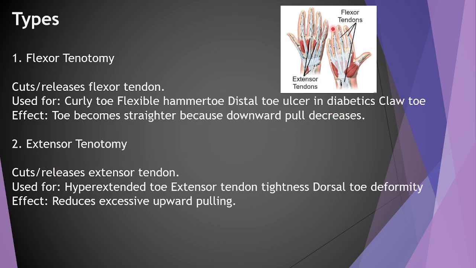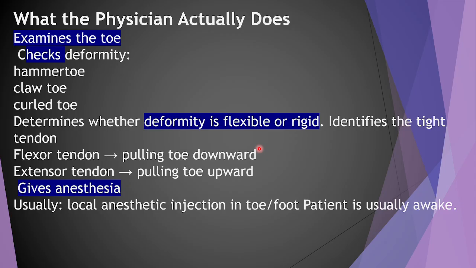For example, in the hand, the flexor tendon is present in the front part of the hand, and the extensor tendon is present on the back side of the hand. Simple.